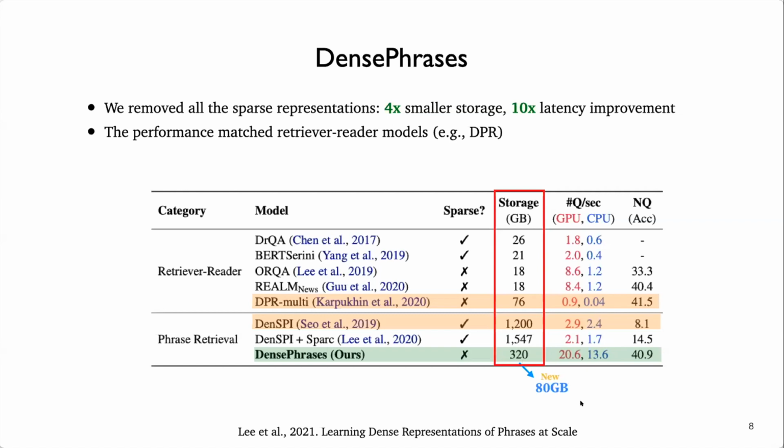And in our recent work, if I have time to talk about that, we are able to further reduce the storage from 300 gigabytes to 80 gigabytes for the phrase representations. This size is comparable to the DPR index, but still much faster, and the accuracy is very competitive.